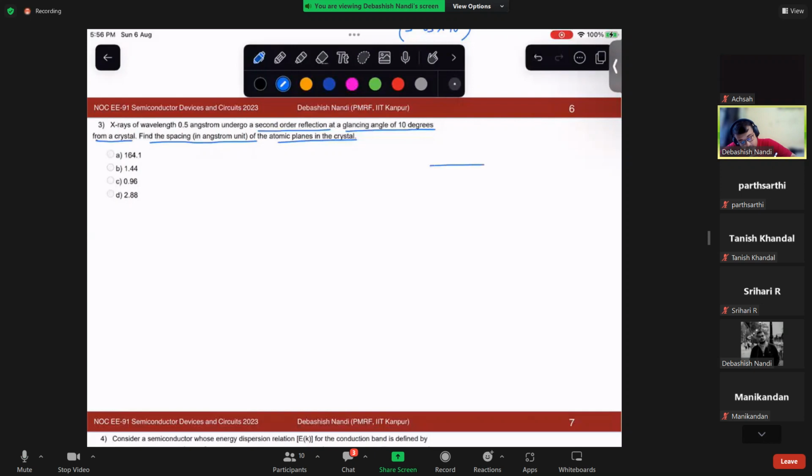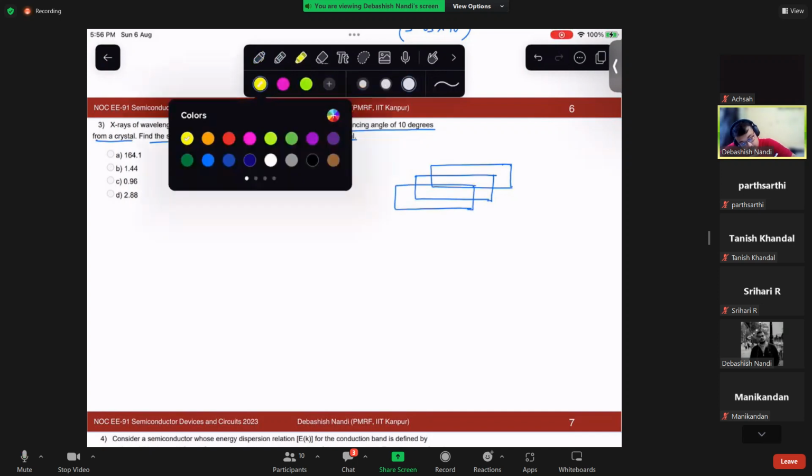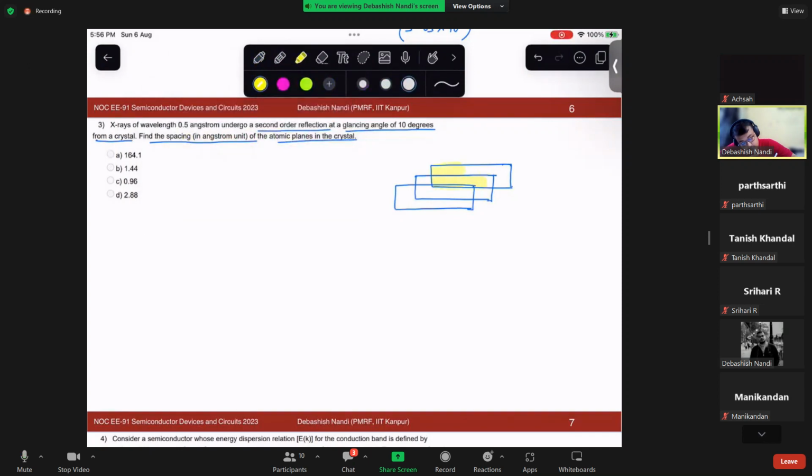So, how do I draw the planes? This is one plane, this is another plane, this is another plane. And how are the atoms arranged?